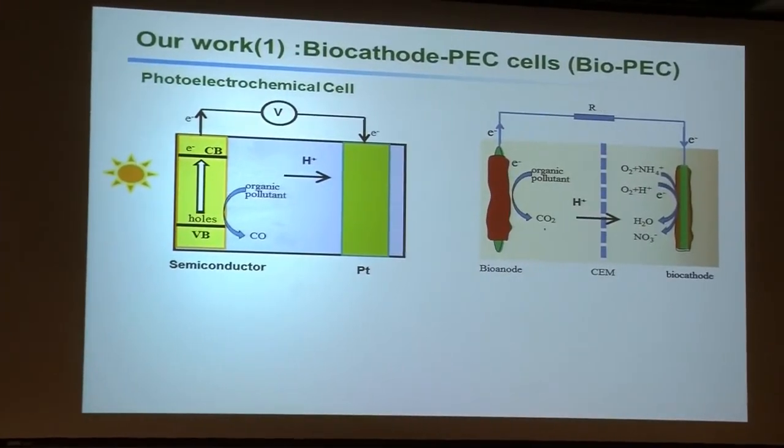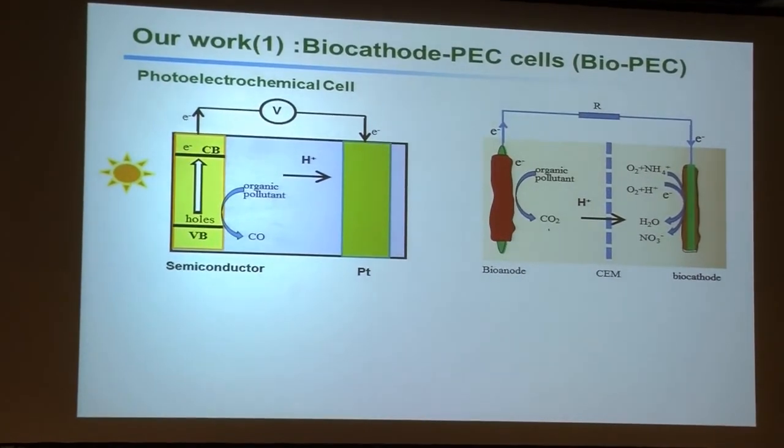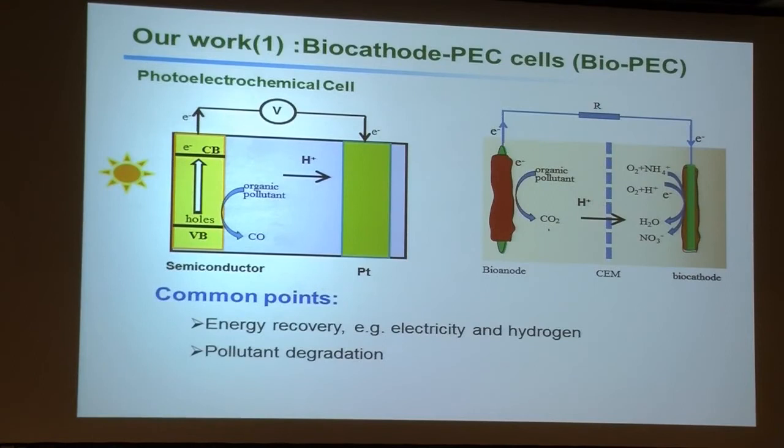One way to use the light is the PEC system. This is a PEC system, and that one is a biocathode system. They have the same points about energy recovery, and they all have the function of pollutant degradation.